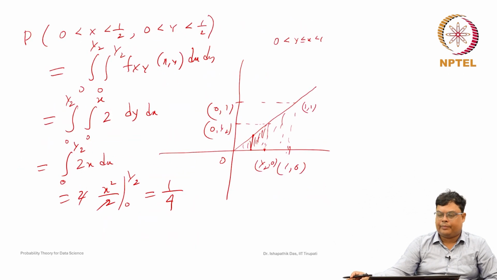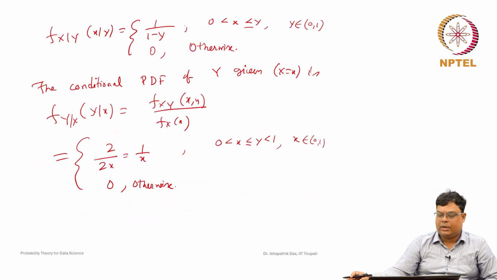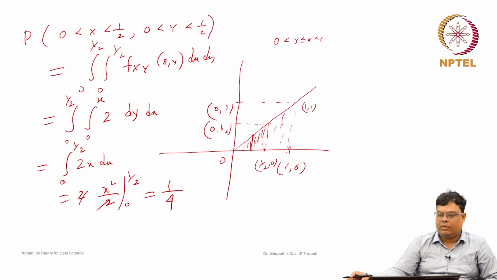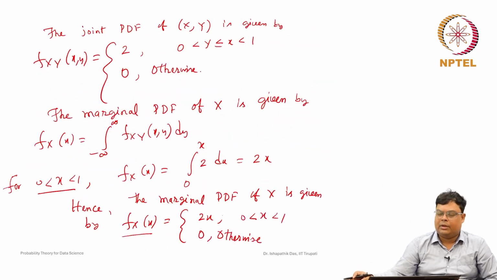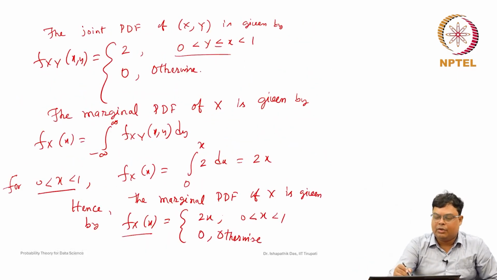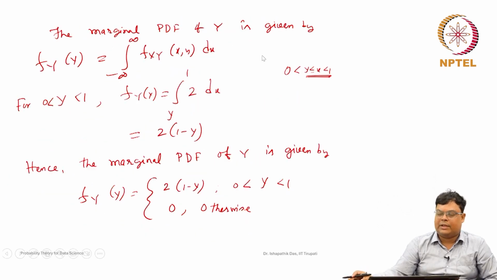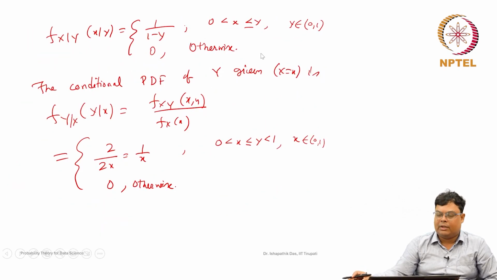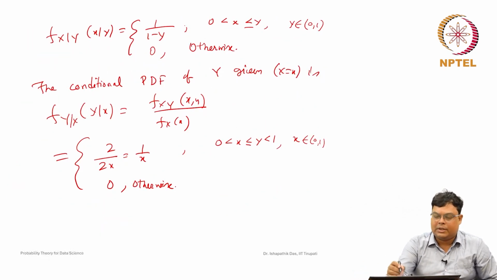Oh, this limit is actually, yeah, that is why this is 0 less than y less than or equal to x less than 1. I made this mistake, sorry. So, please correct this. Hopefully you have observed these things.